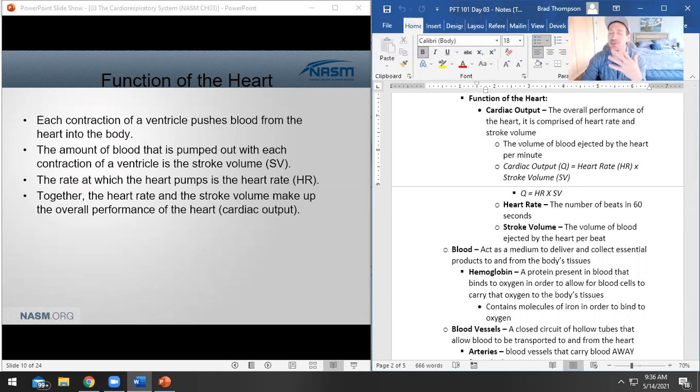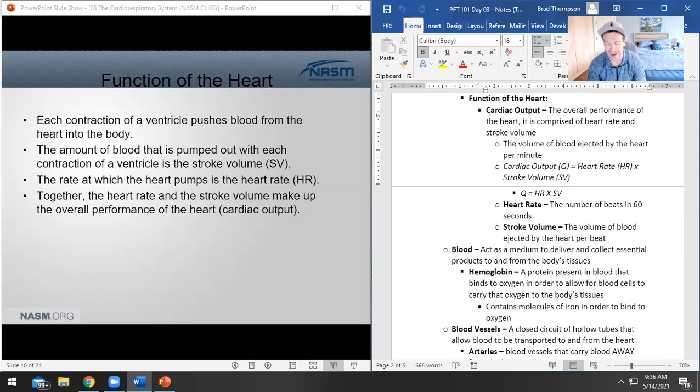Now, let's just say, for the sake of pure argument here, let's say that that was true. It's not, but if it was true, then you would want to do everything in your power to make your heart strong enough to beat less often, right? You would want to have a really high stroke volume, because if you have a really high stroke volume, your heart's not going to beat that often and you're not going to run out of heartbeats.